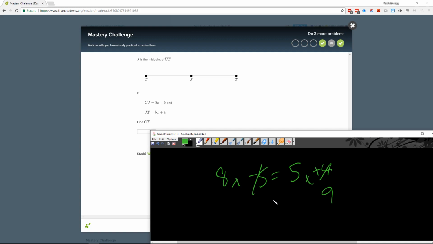That's 9. And then subtract 5x from both sides. That's 3x. x equals 3. And then if we want to find CT, 3 in this one is 15 plus 4. That's 19. And since that's half of it, 38.